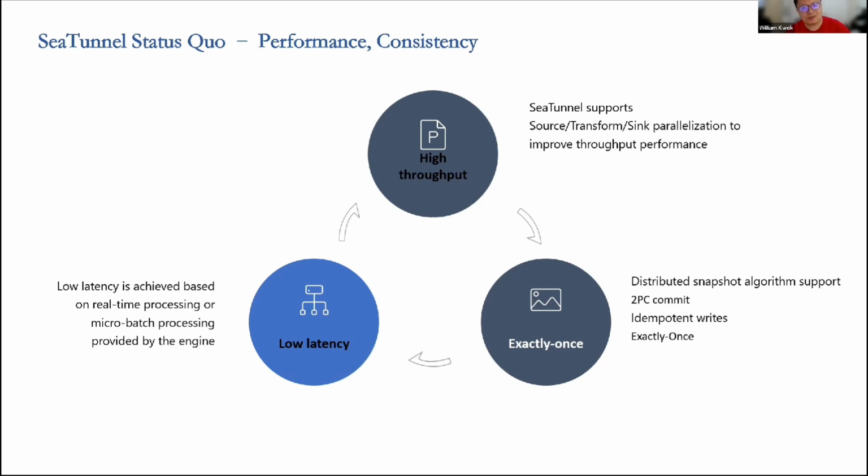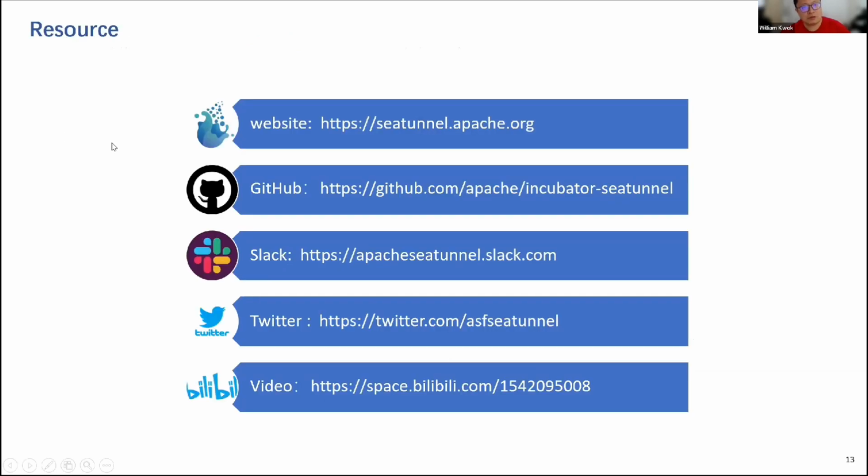And if you use SeaTunnel, you can ensure exactly-once delivery, because it has a distributed snapshot algorithm to support exactly once. If you're interested in SeaTunnel, you can visit the Apache website, SeaTunnel.apache.org, or go to GitHub, or join the Slack, or see some tweets on SeaTunnel. So this is the first project I want to introduce to you.